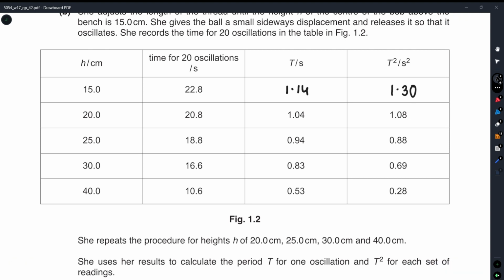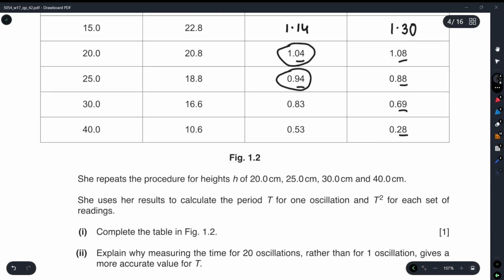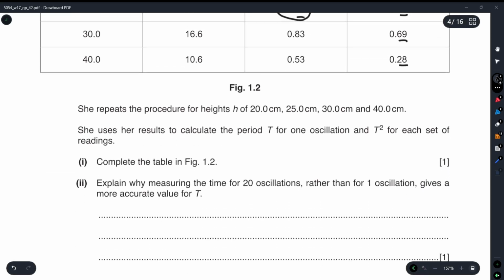All of these are at 2 decimal places, right? यहाँ पे क्योंकि देखिए अब यहाँ पे 3 SF है, यहाँ पे 2 SF पे दिया हुआ है, but one thing is constant, your answers are at 2 decimal places, so that is what you're going to answer to as well. Complete, we did that.